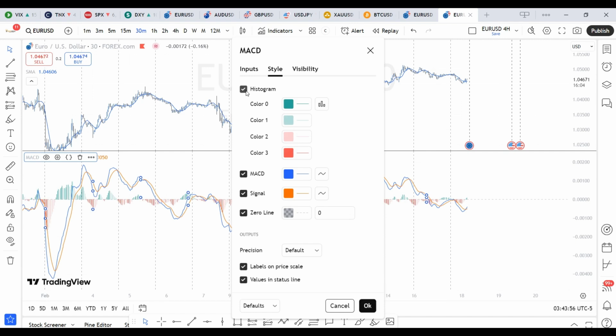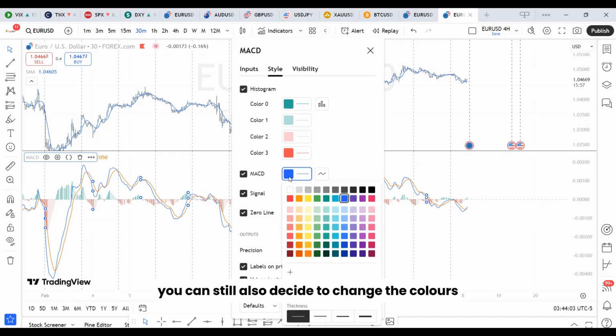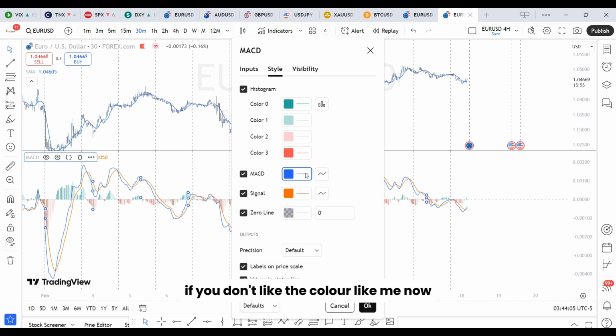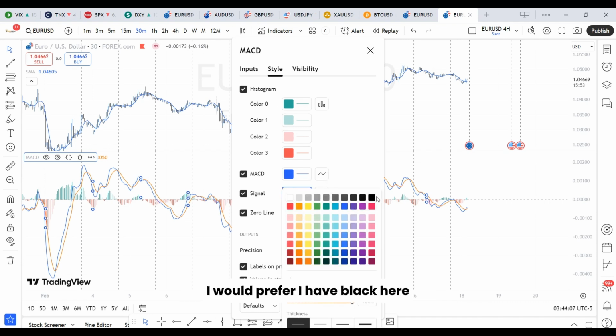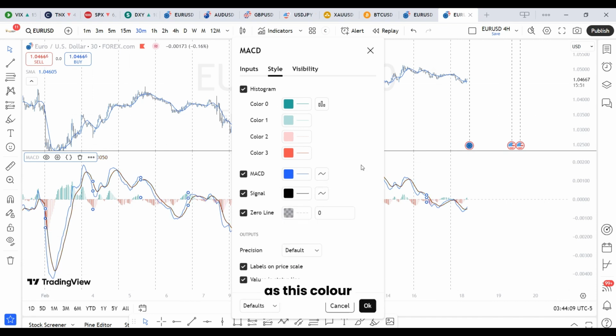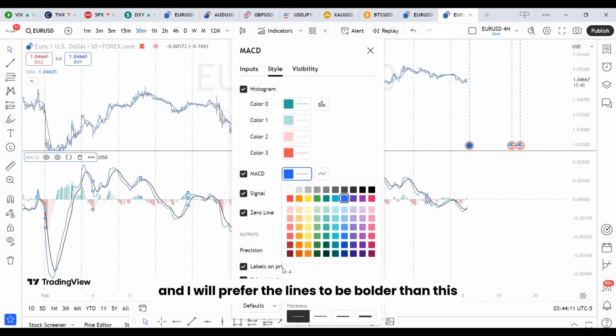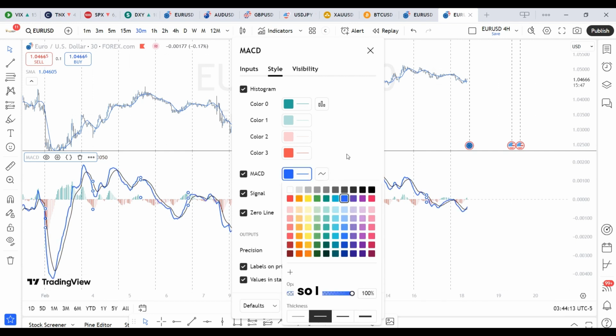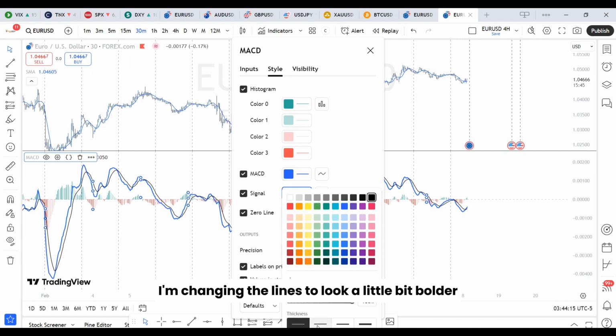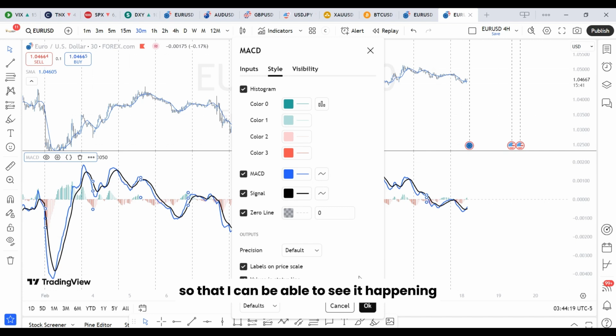You can also decide to change the colors if you don't like the color. Like me now, I have black here, and I would prefer the lines to be bolder than this. So I'm changing the lines to look a little bit bolder so that I can see it happening as the chart is moving.